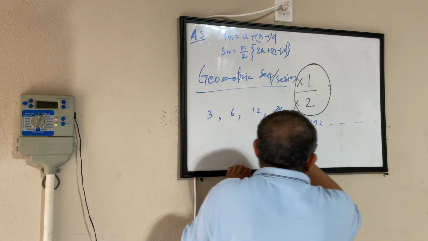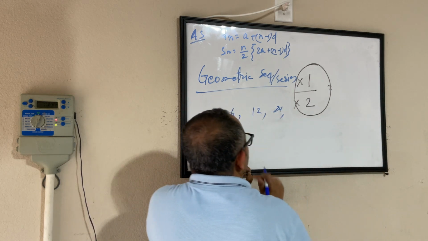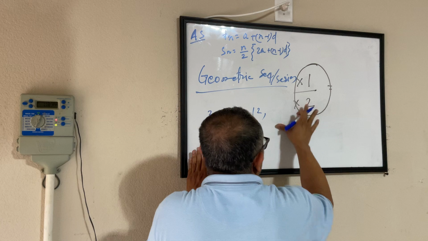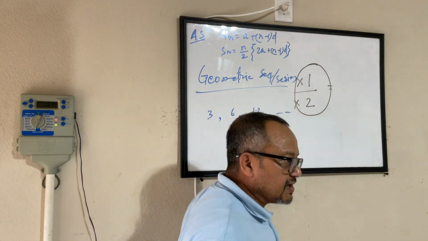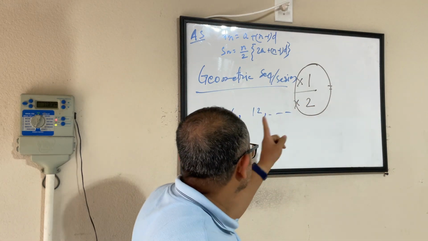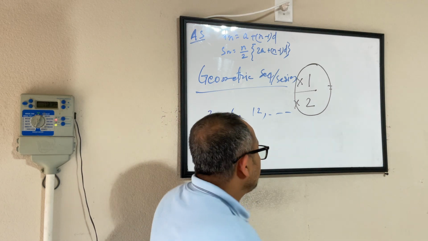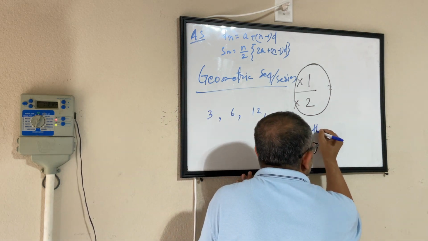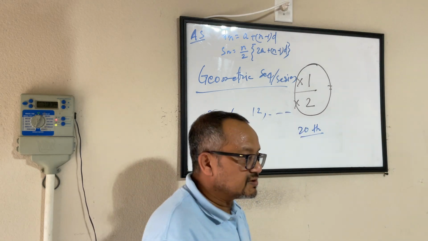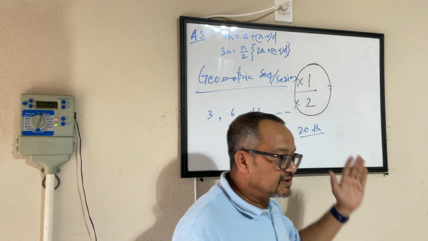Let me not go this far. Let me stop here itself. Let's say I have 3 numbers, and the same pattern will follow. So I have 3, 6, 12. And I'm trying to find out what will be the 20th term, the 20th value in this sequence.